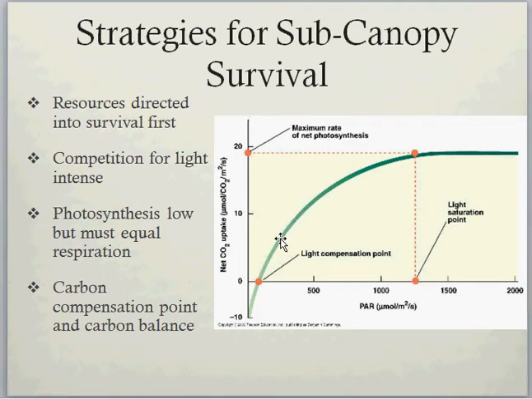Okay, and that rate of photosynthesis, or the amount of carbon uptake, will increase in a curve until the photosynthetic machinery is basically saturated at the light saturation point, and the leaf, or each unit of photosynthetic area, cannot fix any more CO2 for any more increases in light.